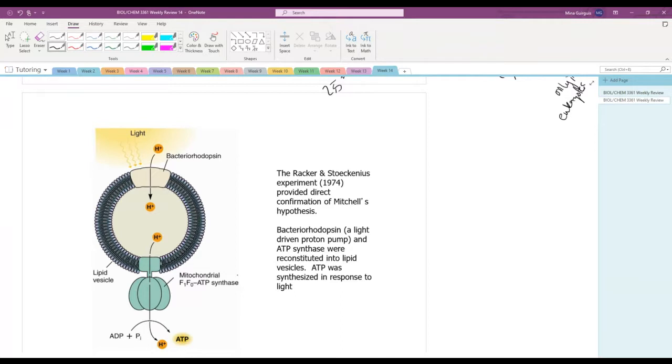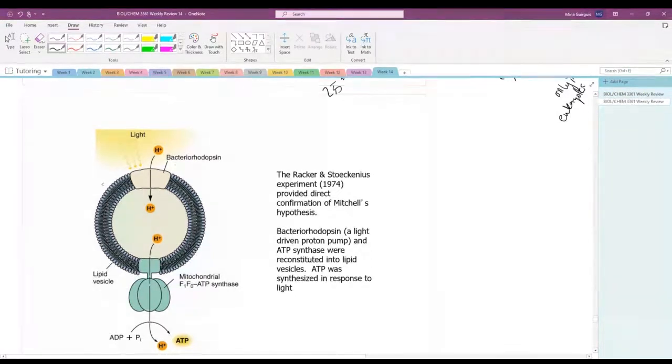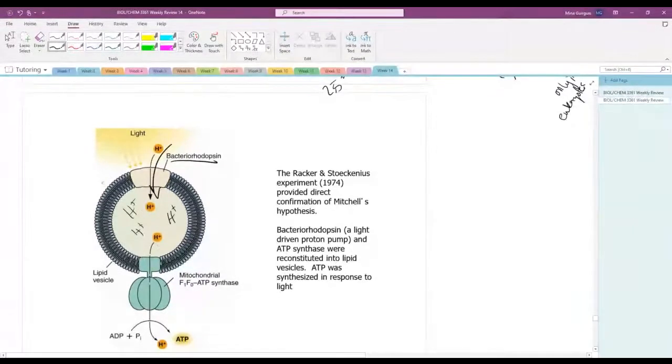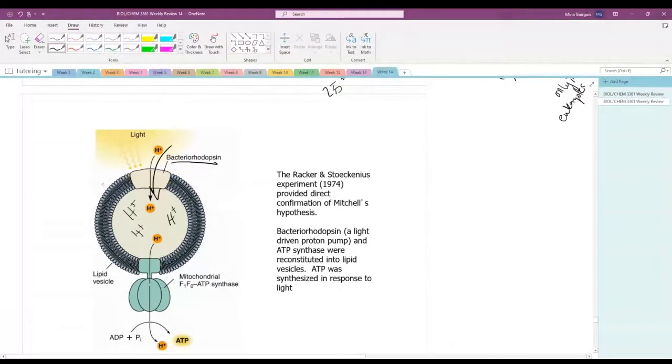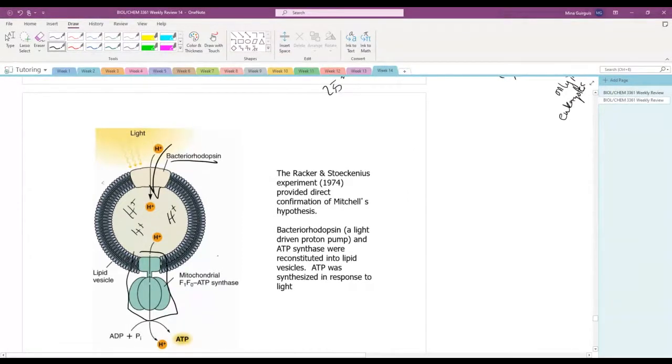So when it's hit with light, it can push protons up their gradient, in this case into the membrane that they've created. They made these little lipid vesicles, which is just a bilayer basically, and they said we're going to put bacterial rhodopsin here, and we're going to use that to push protons in. Then we're going to also attach ATP synthase to this vesicle, and we're going to see what happens.